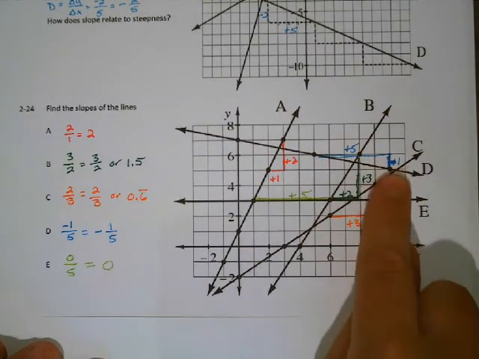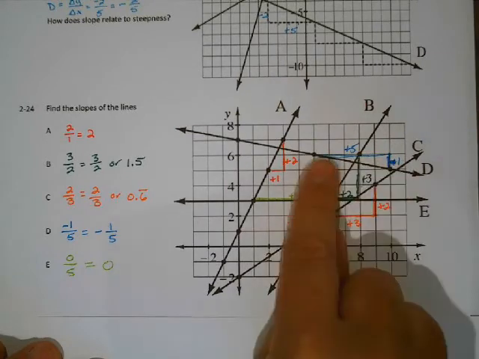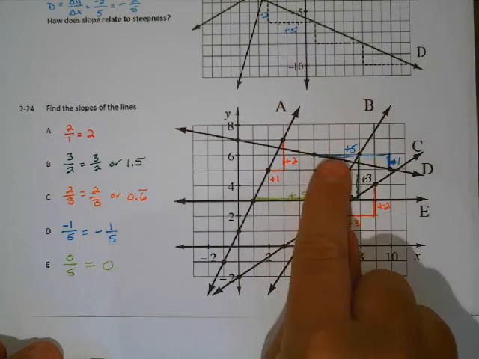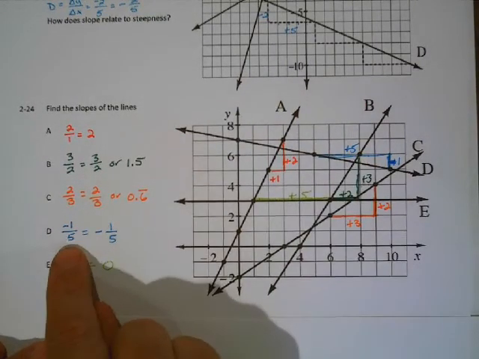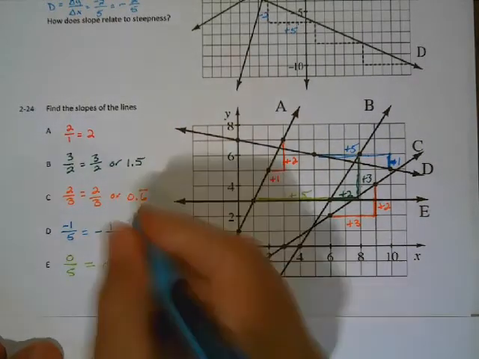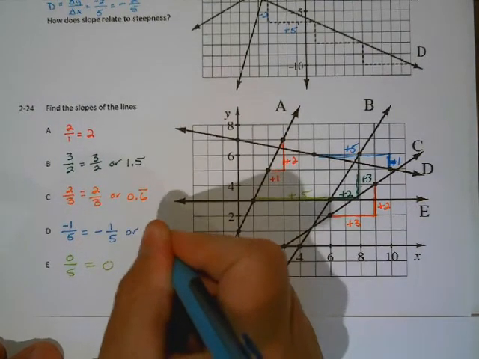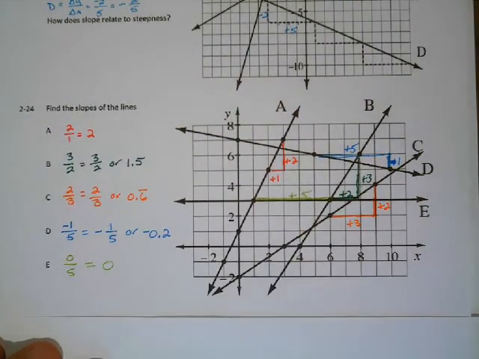So up and down, I've got a -1. Sorry, it looks like positive because I scratched out. And then our change in x is 5. So this would be -1 because it's going downhill, over 5. And we could also say that this was -0.2.